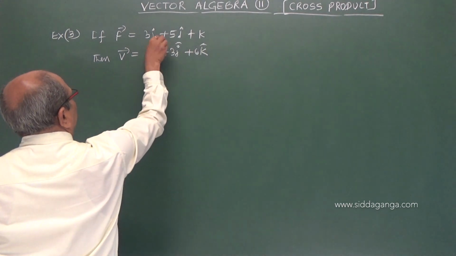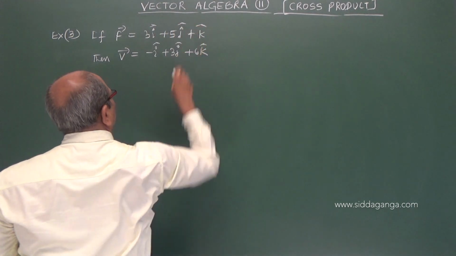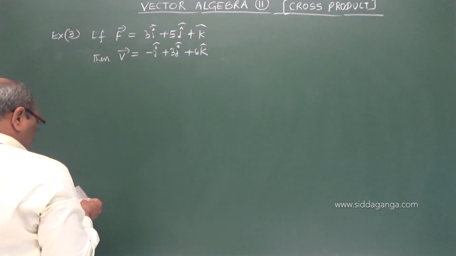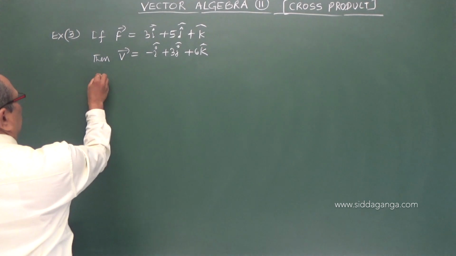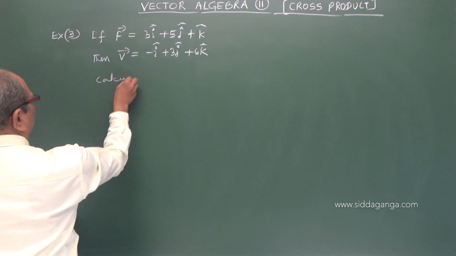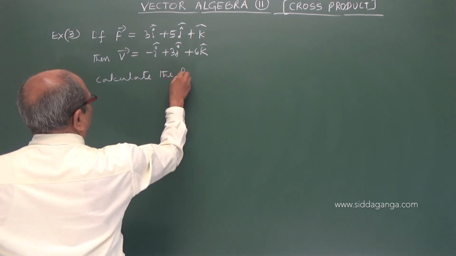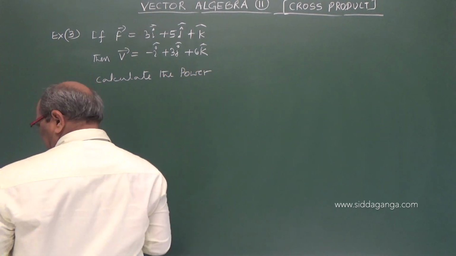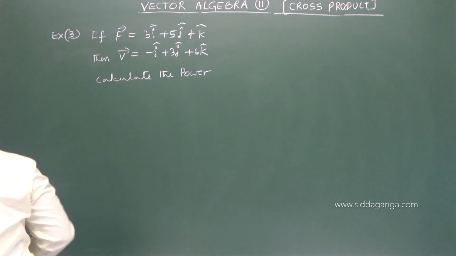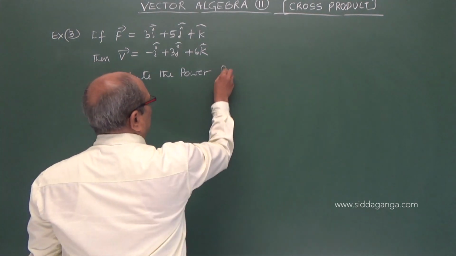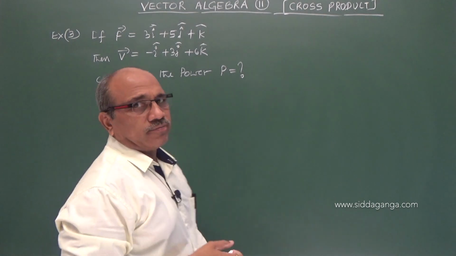They gave this force acting on a body by which it gained that velocity. Asked to calculate the power exerted by the force. What is the power exerted on the system?